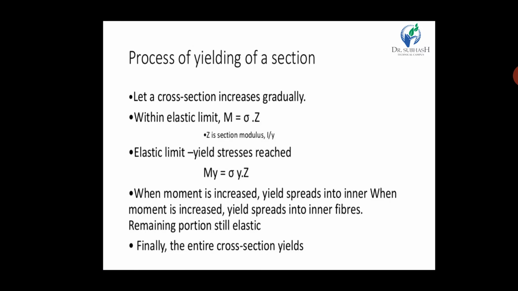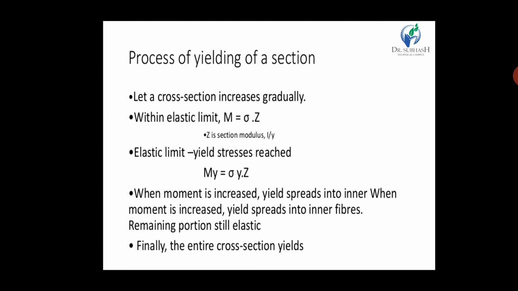Now the process of yielding of a section. Let the load on a cross section increase gradually within the elastic limit. The moment is denoted by M = σ × Z, where Z is the section modulus, generally I by y. When the elastic limit is reached, the yield stress is reached and the moment equals My.